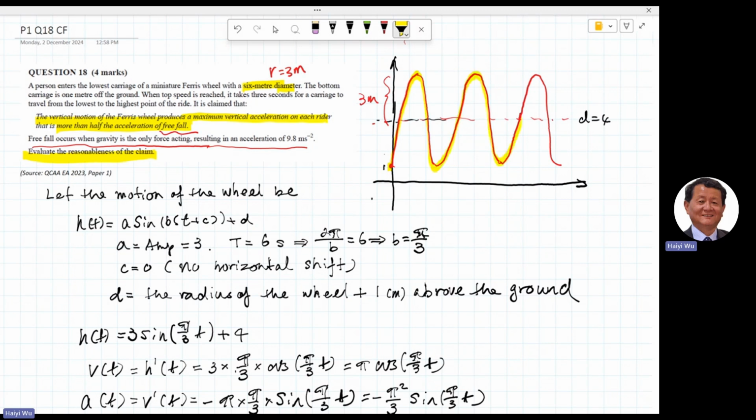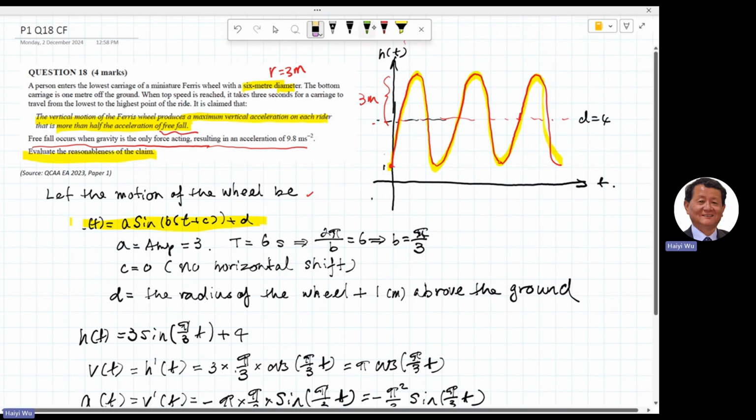So it's a periodic function, and I'm going to use sine. Let h be the height, the position of the wheel, and t is the time taken. So h(t) is the height position of the wheel in relation to time.